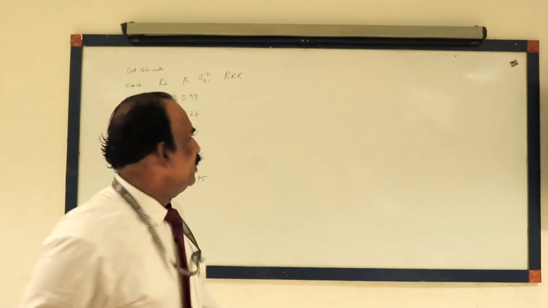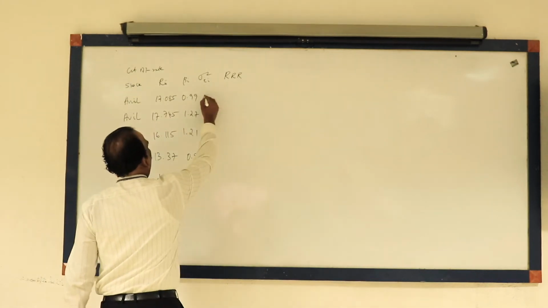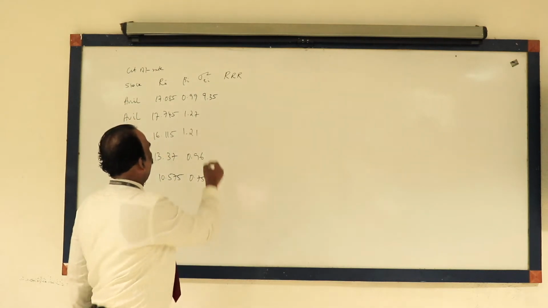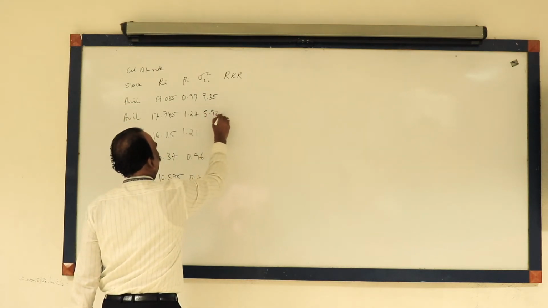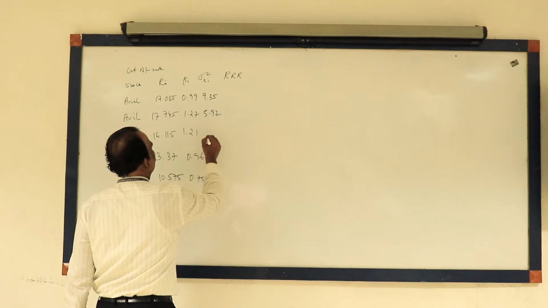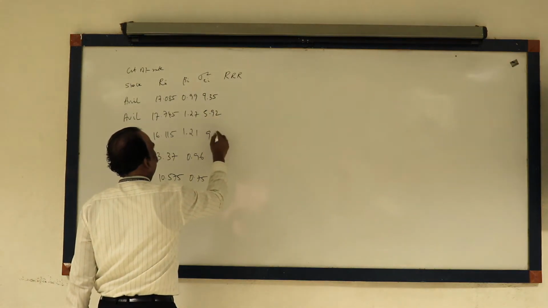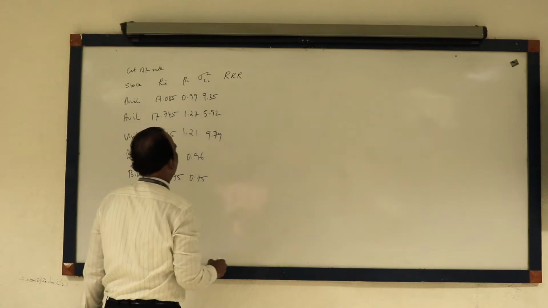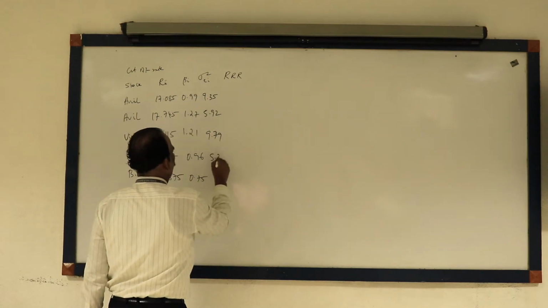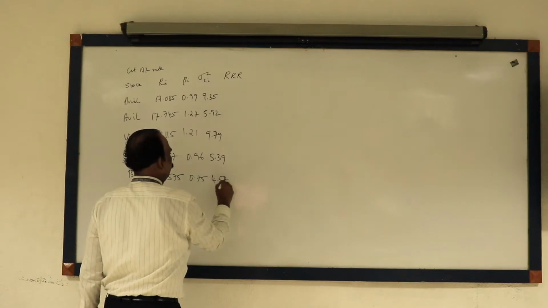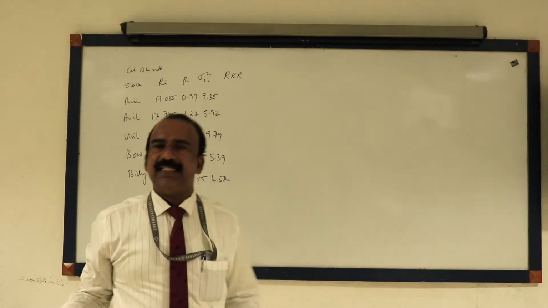Unsystematic risk is 9.35, then 5.92, then 9.79, then 5.39, then 4.52.